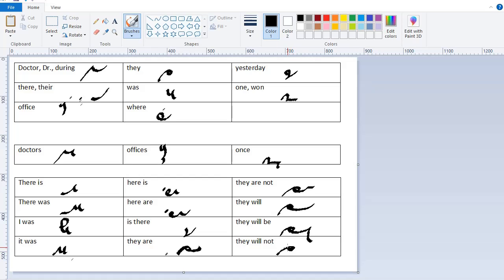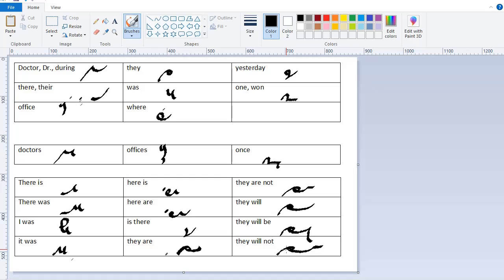So, we have they will not. Kapag they will not be, then ilagay mo lang ulit yung be doon sa after ng N. Okay? So, ayan. Next. Nakuha ba?